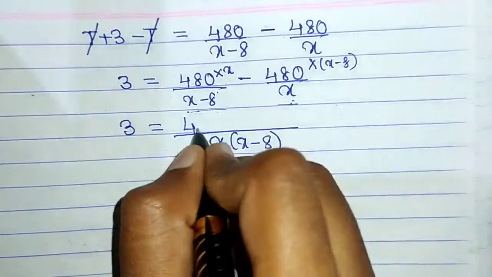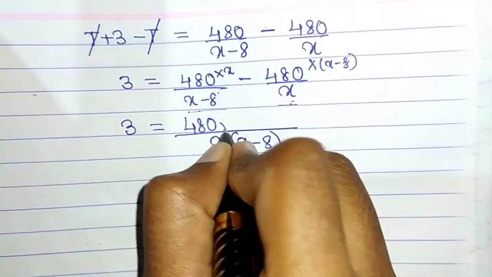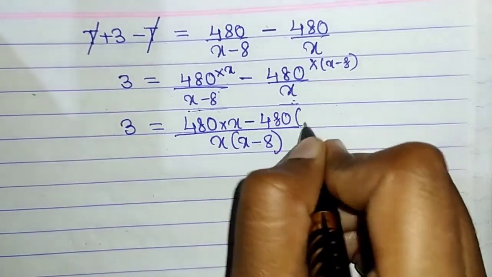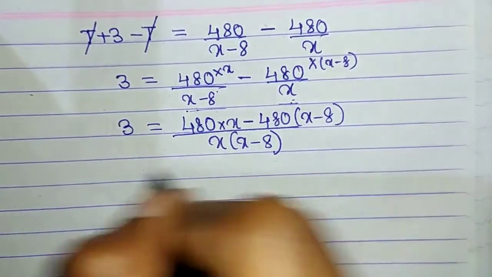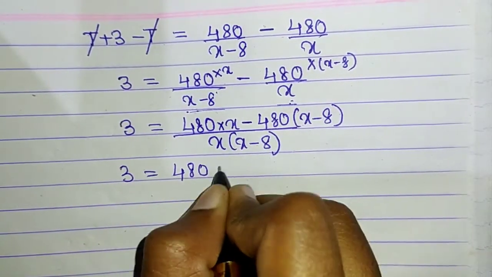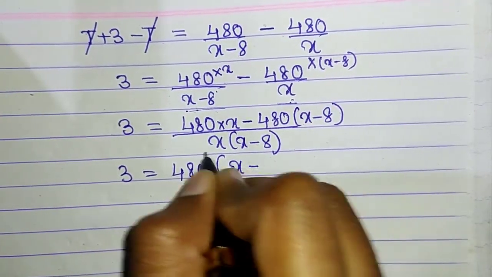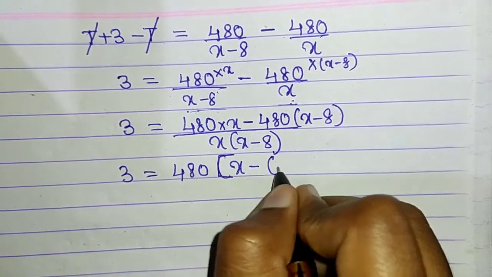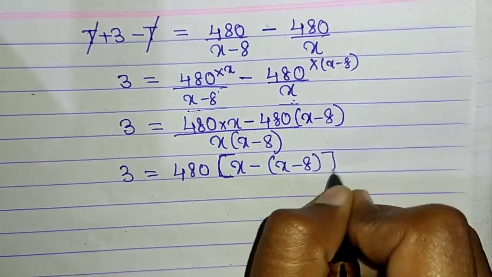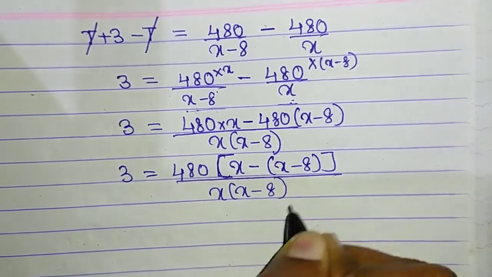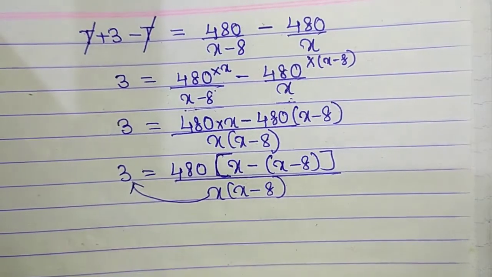So multiplying them, 480 into x minus 480 into x minus 8. So 3 is equal to, taking 480 common, x minus the bracket x minus 8, divided by x into x minus 8. We can transpose the denominator to the left hand side.